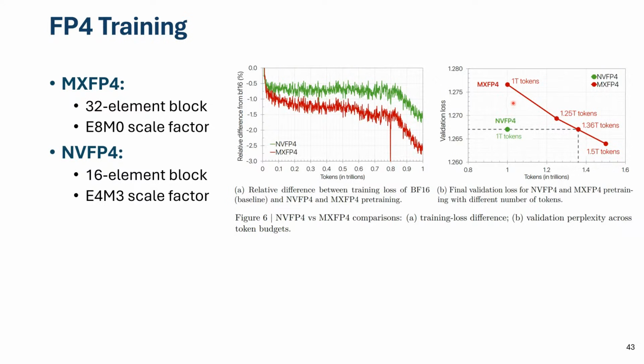So let's say MXFP4 training is twice as fast per step as NVFP4. Then even though I have to do 36% more steps, I still come out ahead at the end of the day because each step takes half the elapsed time.